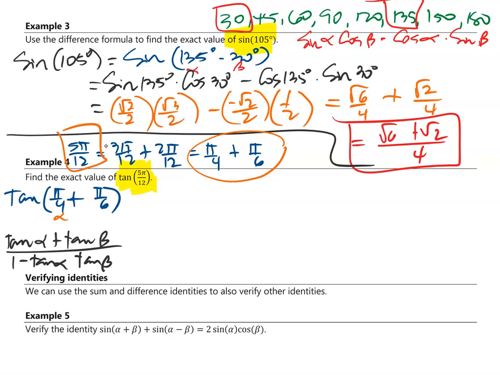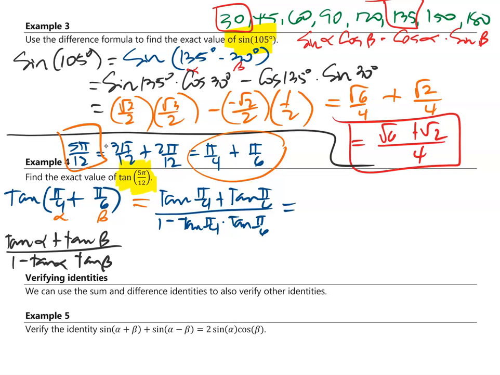So this is your alpha, pi over 4, and this is your beta, pi over 6. So that is equal to tangent pi over 4 plus tangent pi over 6 over 1 minus tangent pi over 4 times tangent pi over 6.